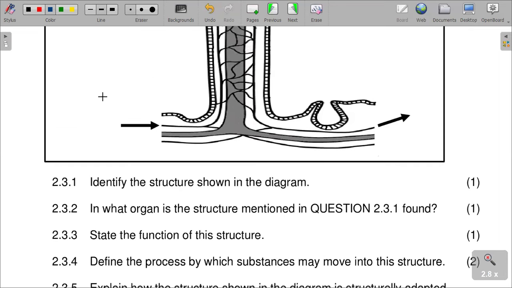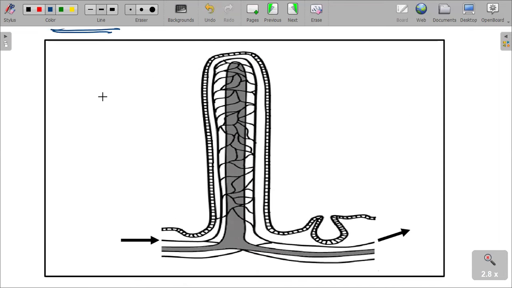Identify the structure shown in the diagram. What is this structure shown here? It is actually a villus.